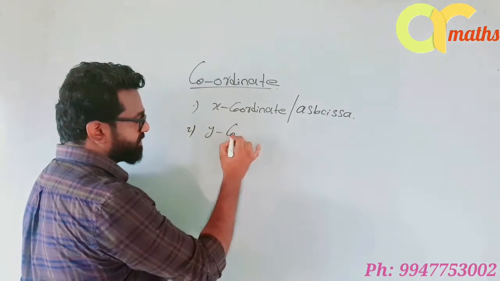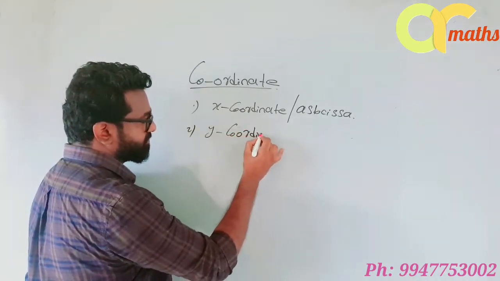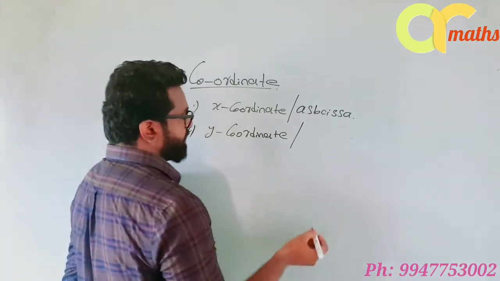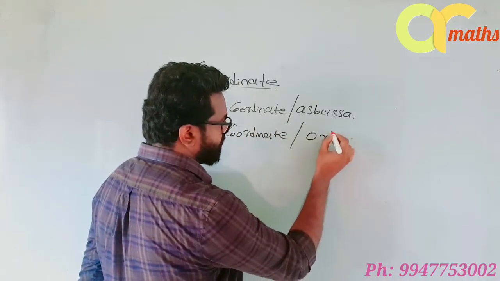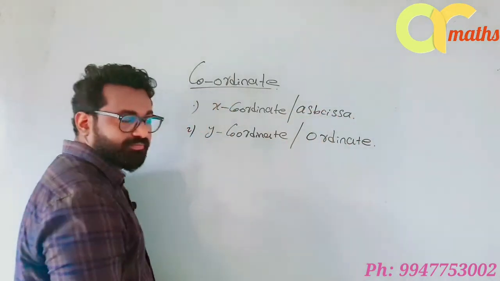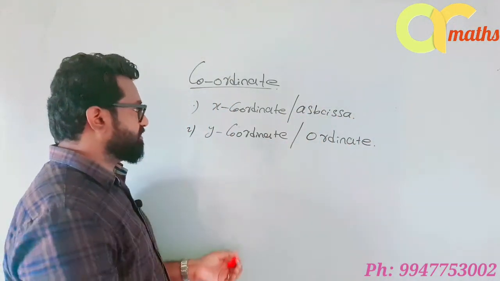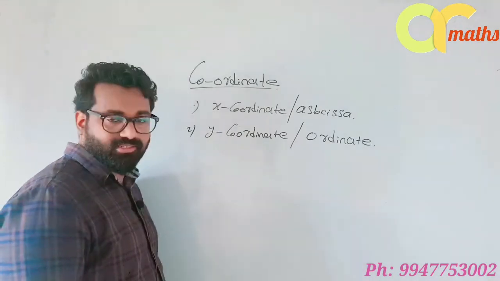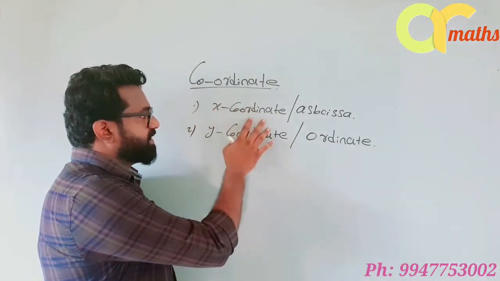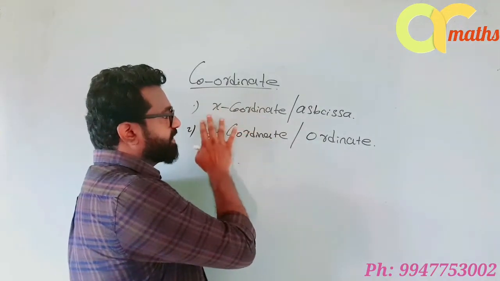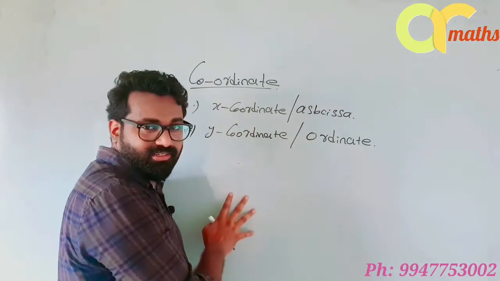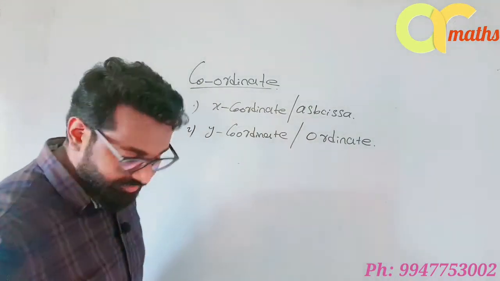Y coordinate, or another word for y coordinate is ordinate. How to find the x coordinate and the y coordinate in a Cartesian plane? Another word for x coordinate is abscissa, another word for y coordinate is ordinate. Clear?